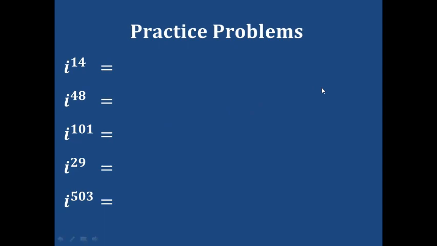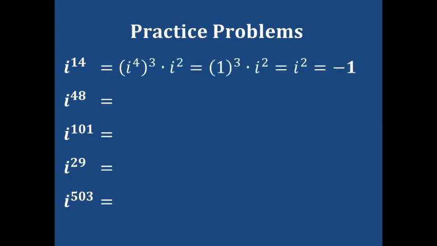All right, so let's go ahead and check this out. i to the power 14 is equal to -1. i to the power 48 is equal to 1. Now let's keep in mind that 48 is a multiple of 4, so we don't have to consider the remainder in this case. We just know it equals 1.